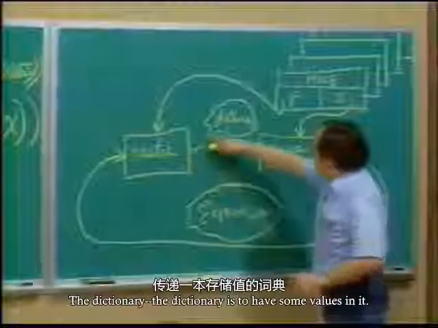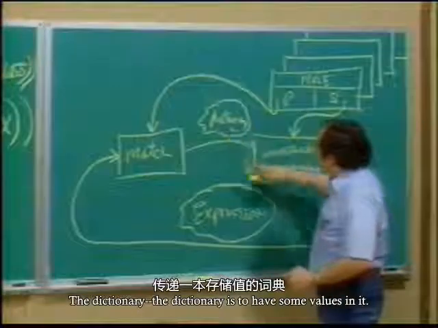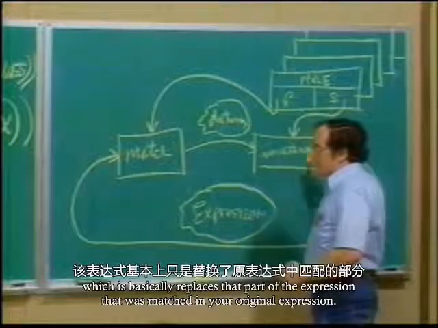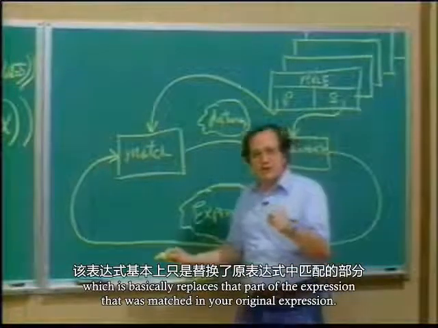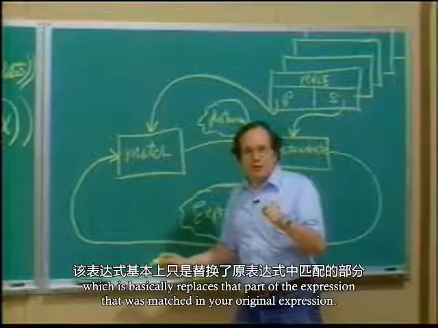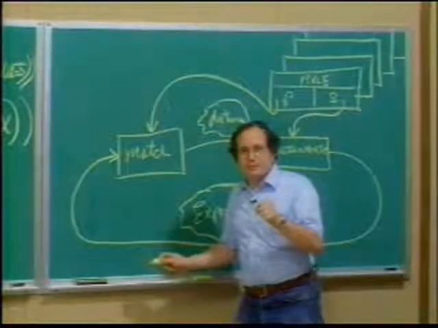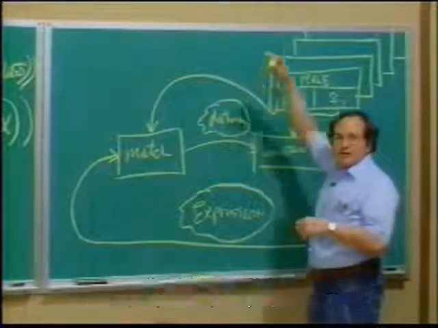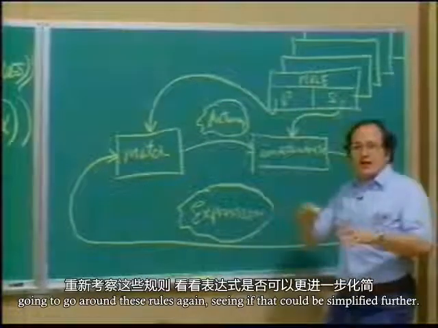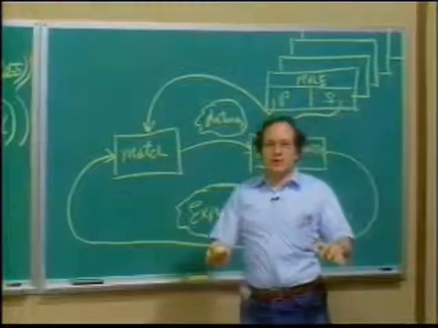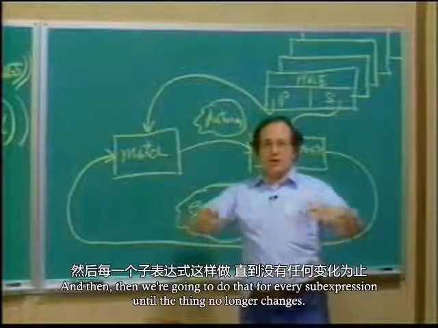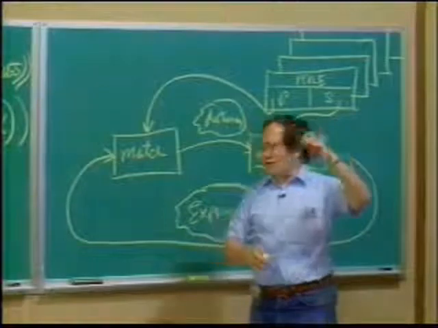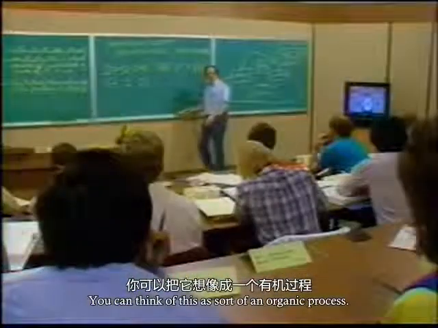The dictionary has some values in it. The instantiator makes a new expression, which basically replaces that part of the expression that was matched in your original expression. And then of course, we're going to recheck that, going around these rules again, seeing if that can be simplified further. And then we're going to do that for every subexpression until the thing no longer changes. You can think of this as sort of an organic process.